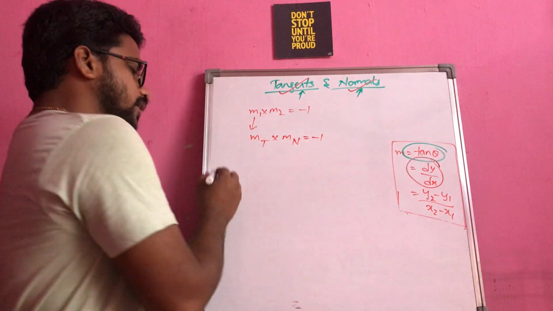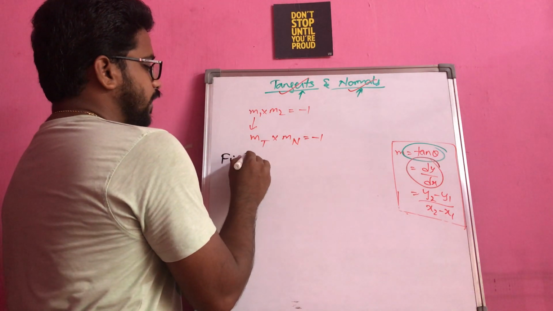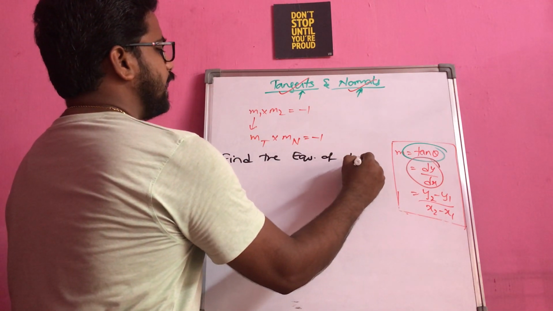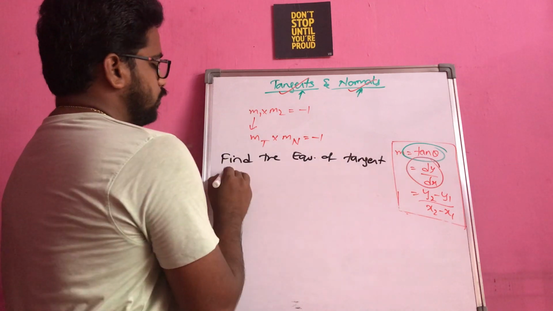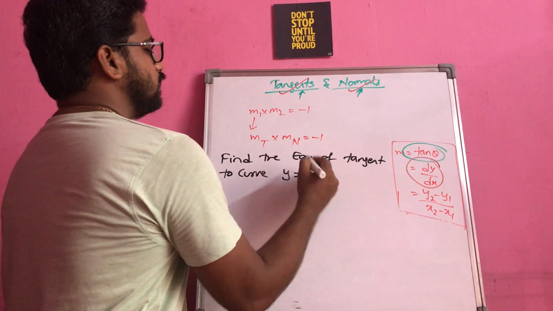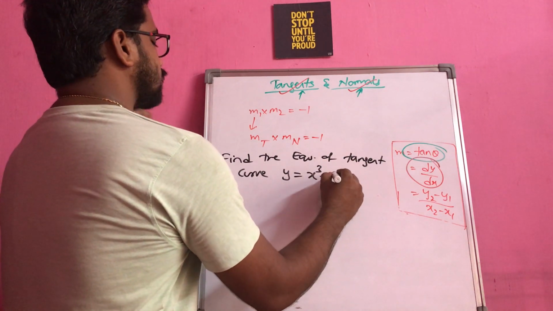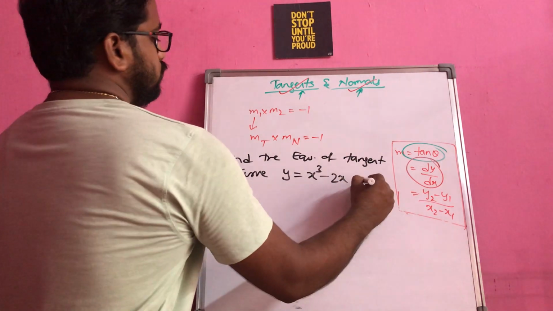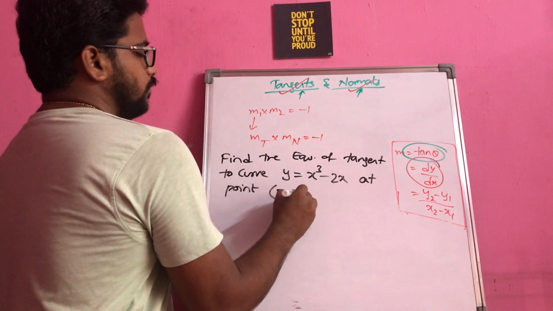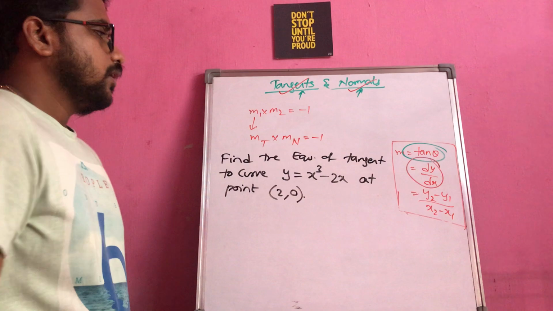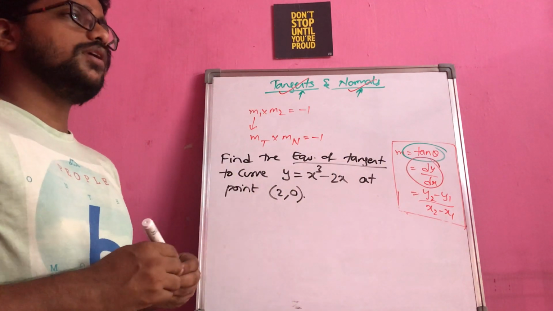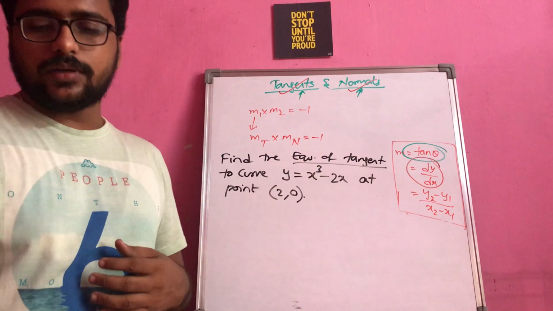Find the equation of the tangent to the curve y = x cube minus 2x at the point (2, 0). If you know the equation of a tangent, the equation of the normal is nothing.